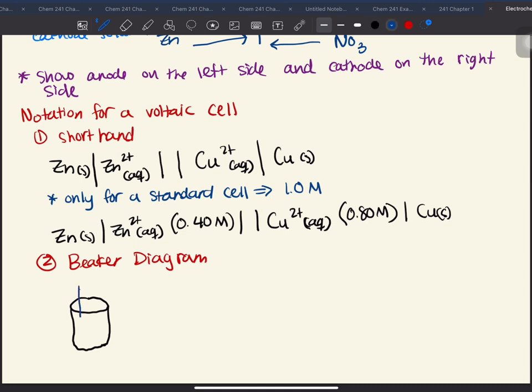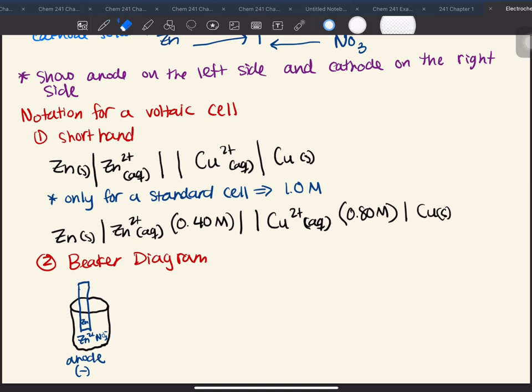So I'm going to draw my electrode right here. And my electrode is zinc. So I'm going to label this as such. It is zinc. In solution, I have zinc ions and nitrate. And this is my anode. And since it's my anode, it is negatively charged.